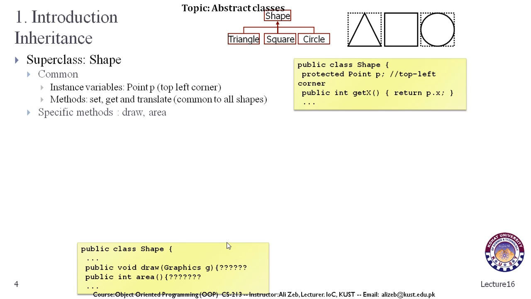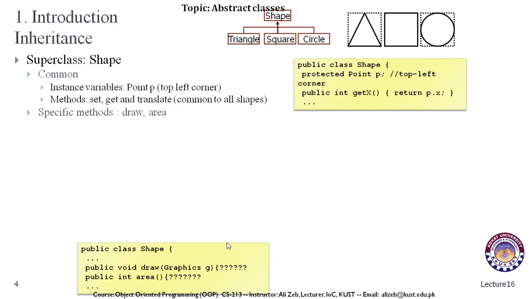We have no idea because the shape in itself is not a specific object. A shape can only possibly be, in this case, a triangle, a square, or a circle. The shape, as we understand, has no existence of its own.